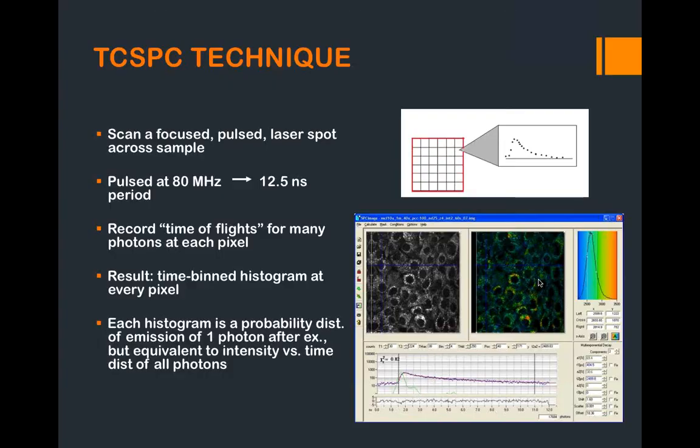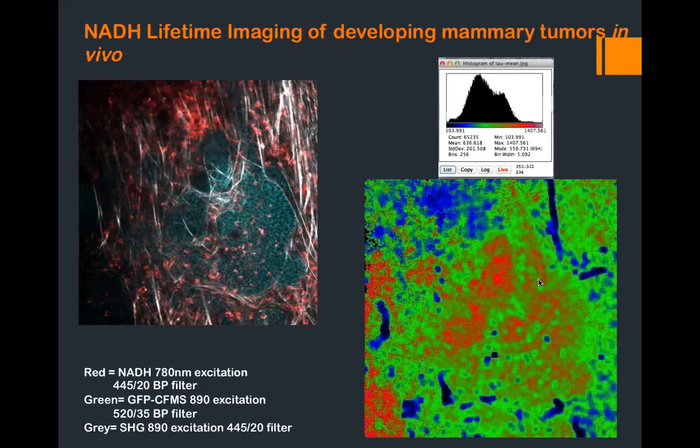So what we did is we applied this technique to our in vivo area, and this would be a fluorescence lifetime image of this exact area underneath the mammary imaging window.